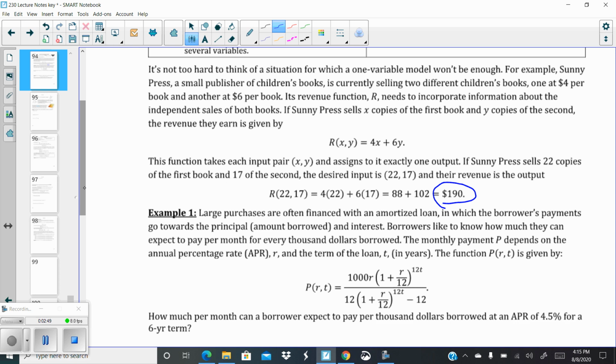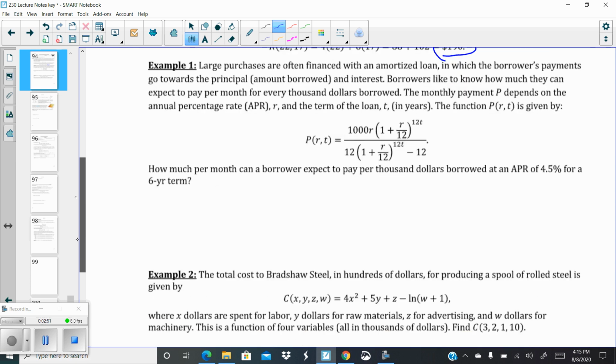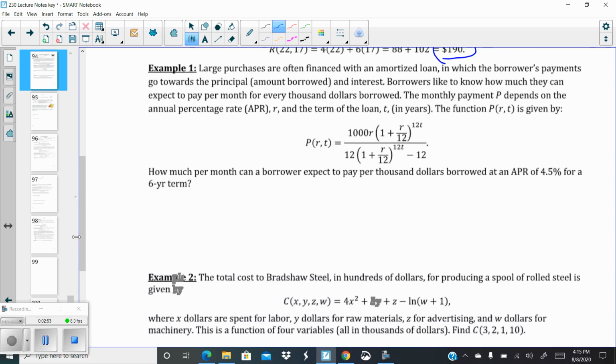So example number 1. Large purchases are often financed with an amortized loan in which the borrower's payments go towards the principal, or the amount borrowed, and the interest. Borrowers like to know how much they can expect to pay per month for each $1,000 borrowed.